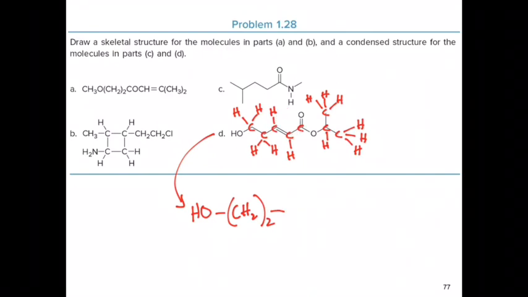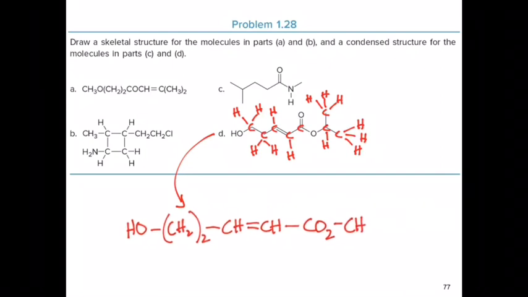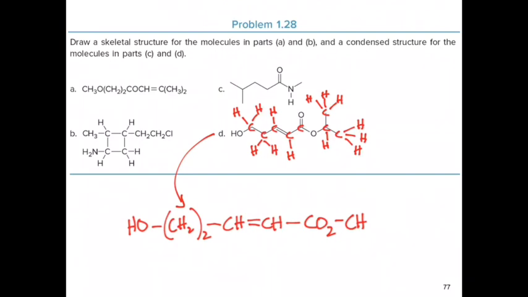So we have a CH and then a double bond to another CH. And then we have another carbon that's bonded to 2 oxygen atoms. So that would be CO2. And then a CH. Let me create some space here. And then finally, this carbon atom has 2 CH3 groups bonded to it.